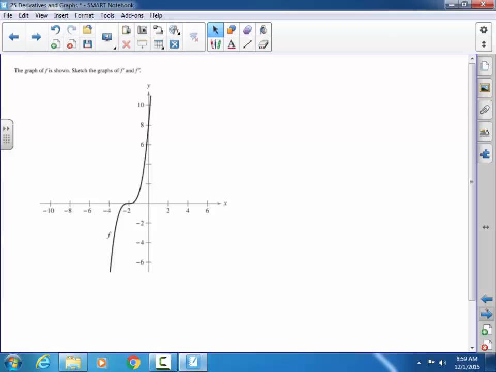So if we go back and look at the first derivative, where's the first derivative equal to 0? At negative 2. All right. So that's the only place it's equal to 0. So the first derivative after negative 2 is positive.